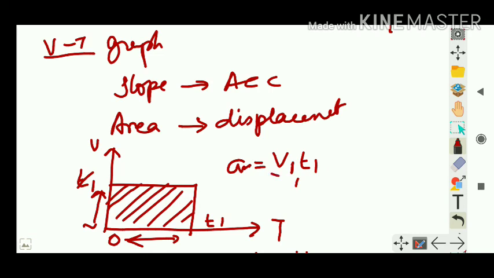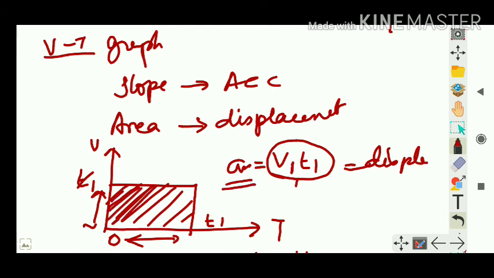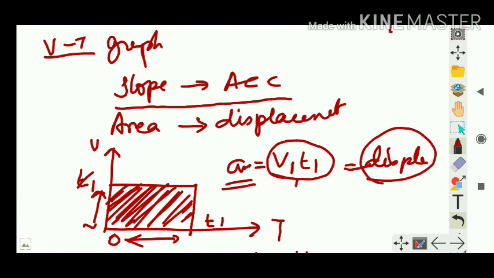So actually what is V into T? This is displacement. So I can say area under velocity time graph gives you displacement. Keep that in mind, whereas slope of a velocity time graph gives you acceleration. This is a very important theory part, guys. Clear?